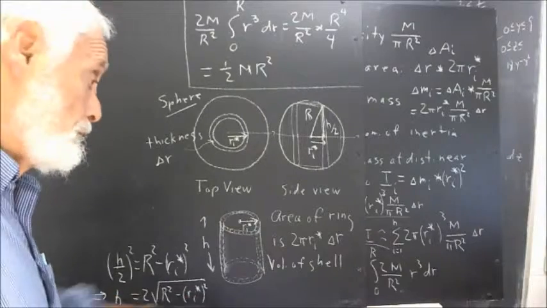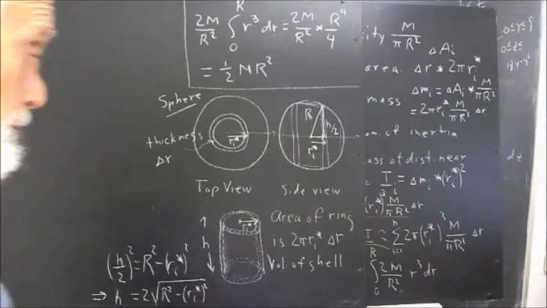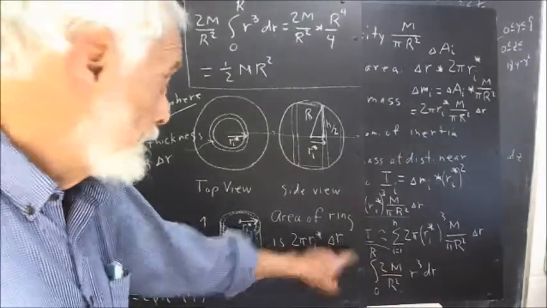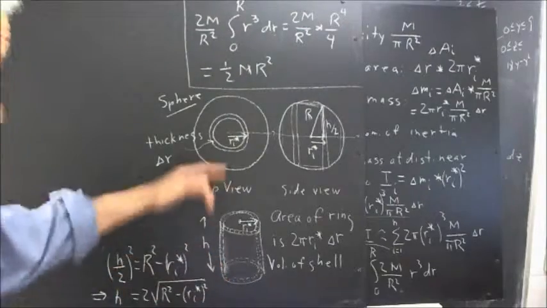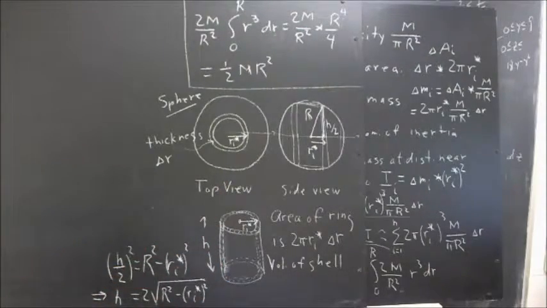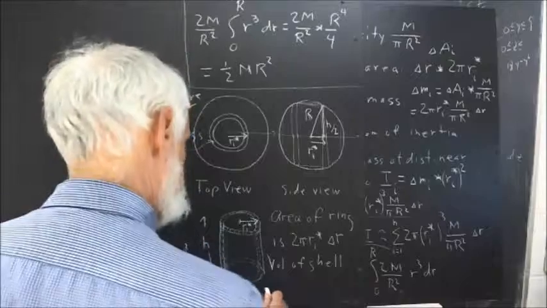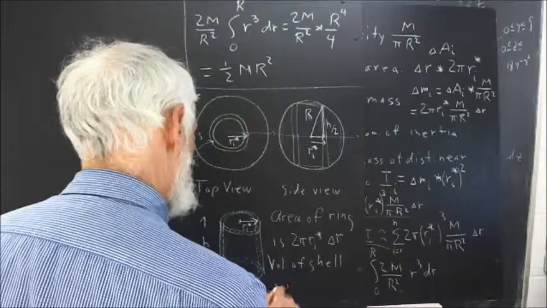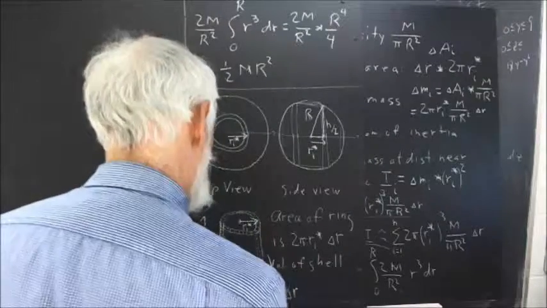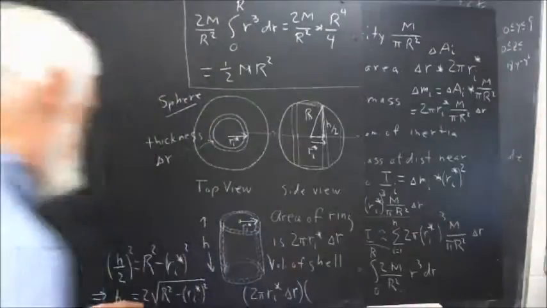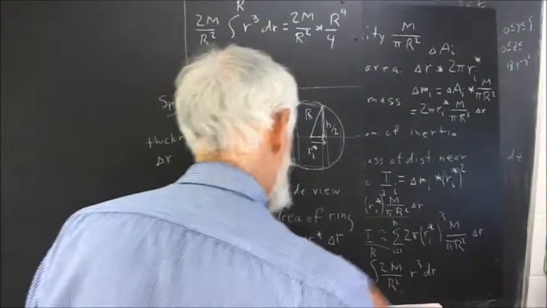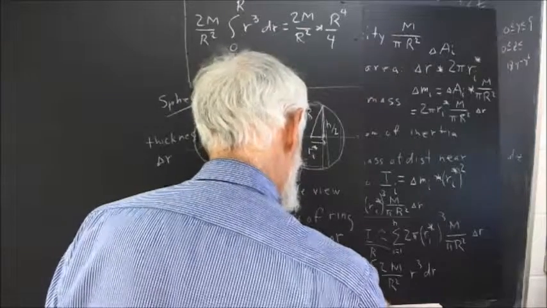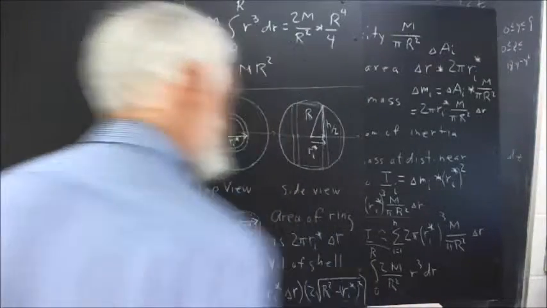If not, of course, you want to think about what you might be missing. But the volume of the shell is just going to be the area of the ring times the altitude of the shell, or the height, h. So the volume of the shell is going to be 2 pi r sub i star delta r multiplied by 2 times the square root of big R squared minus little r sub i star squared. And close those parentheses.